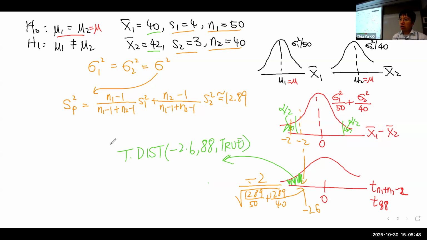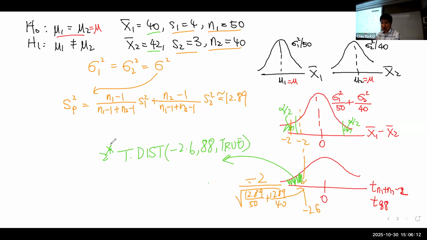And remember, we are doing a two-sided test. And you compare this to the alpha, which is 5%. And if this is less than 5%, you reject. If this is more than 5%, you don't reject. So that is the idea behind it.